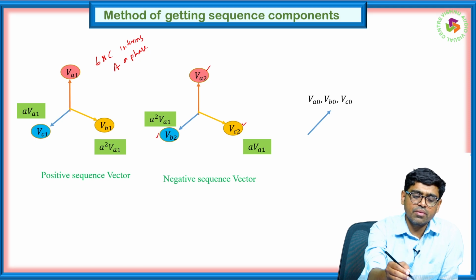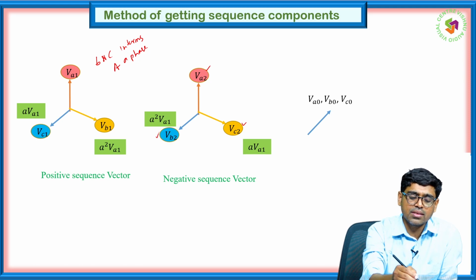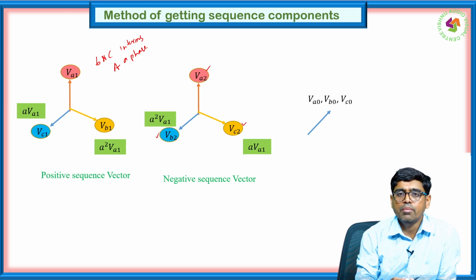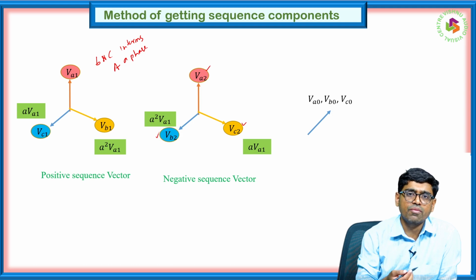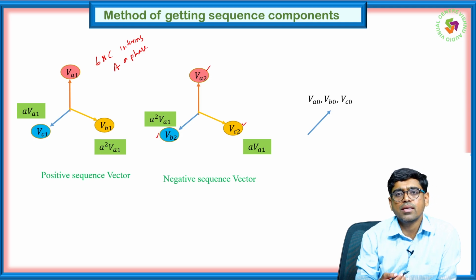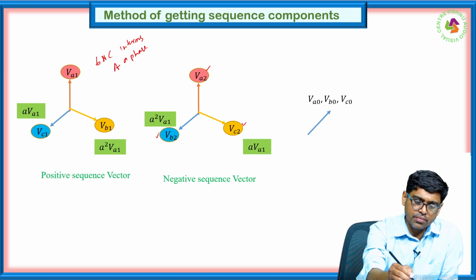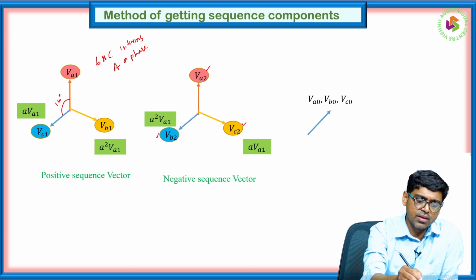In order to represent the B phase or C phase in terms of A, we require the operator a. This operator a has a magnitude of 1 at an angle of 120 degrees, and it rotates anti-clockwise. So with VA1, we have a 120 degree displacement, and the C phase is nothing but a times VA1.